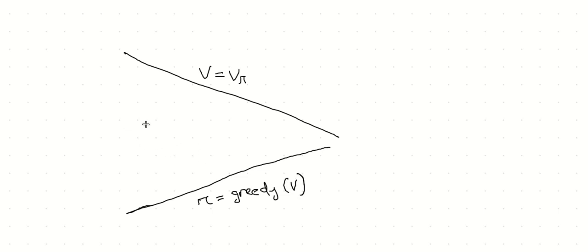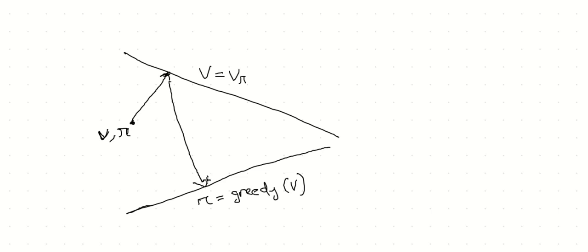That's the idea. So we start with some random policy pi, and we initialize our v's to some value, right? So what we're trying to do is compute the value function for that policy. And once we have the value function for this policy, the next thing is to find a policy that is greedy with respect to this value function.